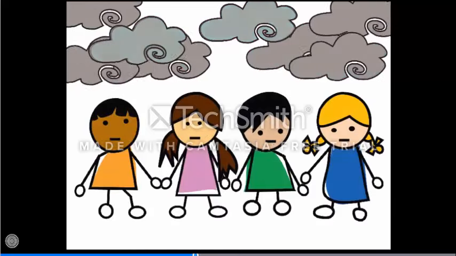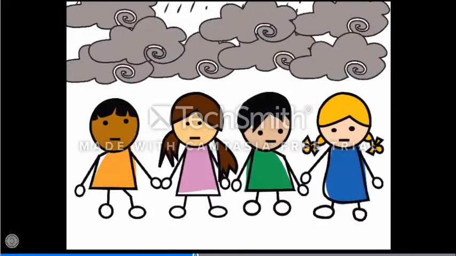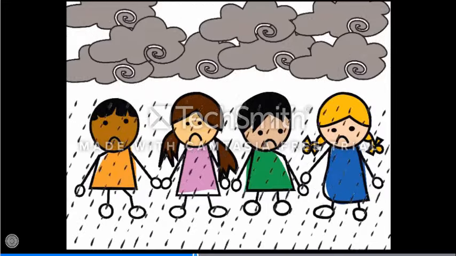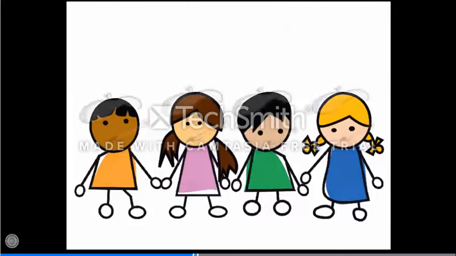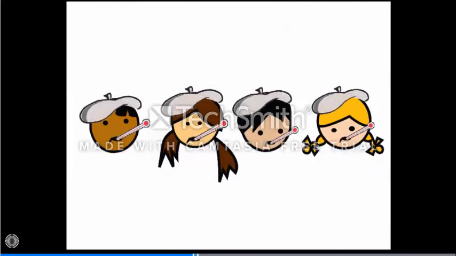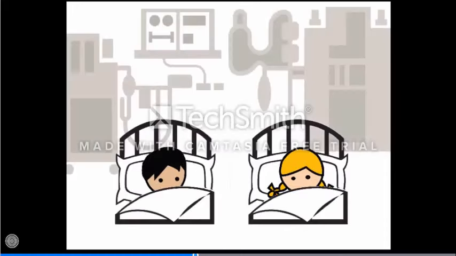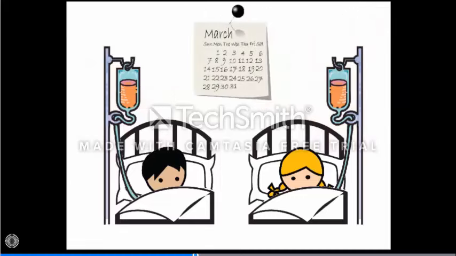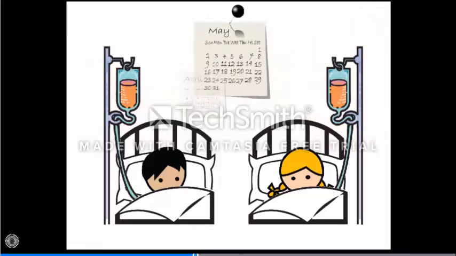Well, we have to be very careful not to get sick. When you get sick, you might be in bed for a few days. When we get sick, we can end up in the hospital. The mucus inside our bodies holds on to the germs and bacteria, making it very hard to get better. Sometimes we can be in the hospital for months.